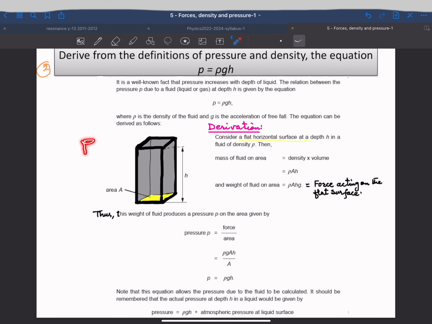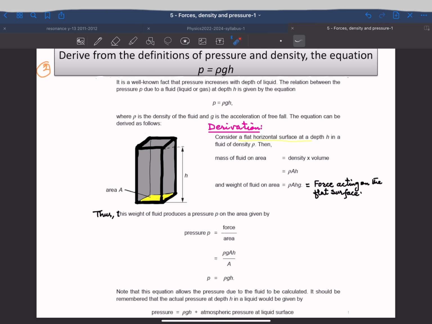So if you have a closed container, like suppose you have a bottle which is closed with a sort of cork, then whatever liquid you have here, only that liquid will apply the pressure, because the atmospheric pressure will not be active that time. So in that case only P is equal to rho gh works.